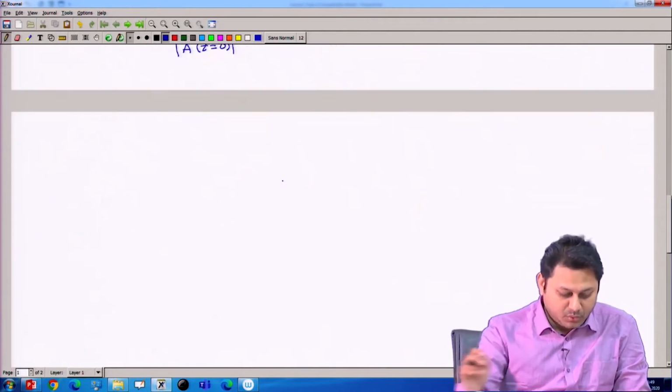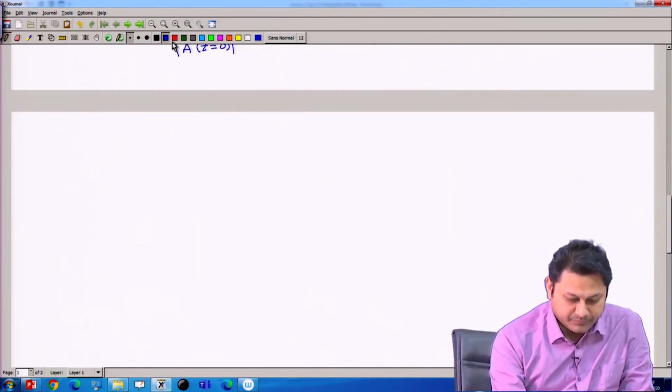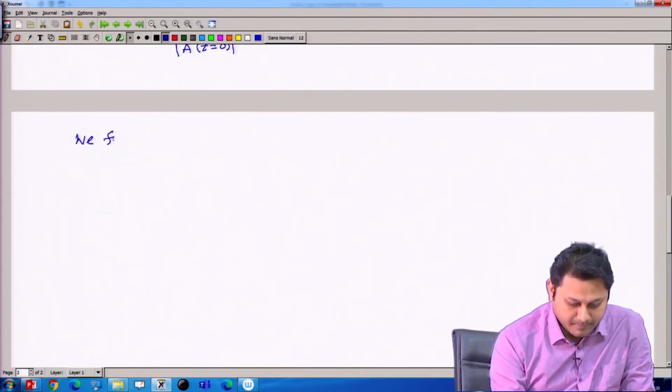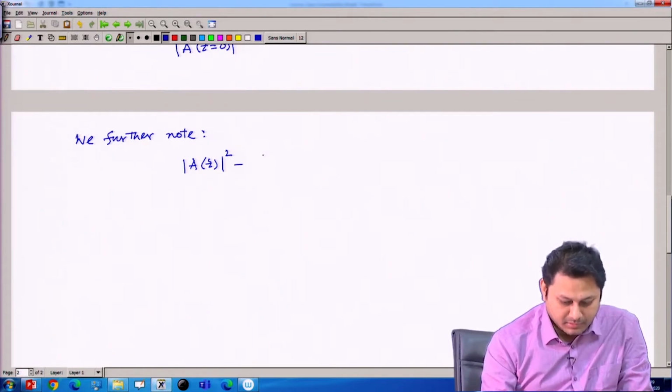So, what we do today is to check this value. We further note mod of A(z) squared minus mod of B(z) squared.